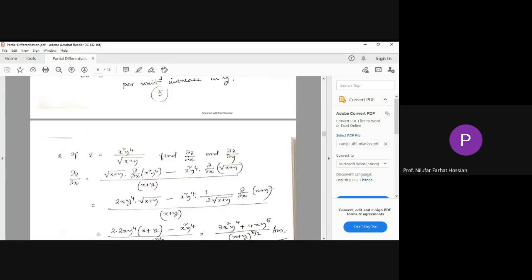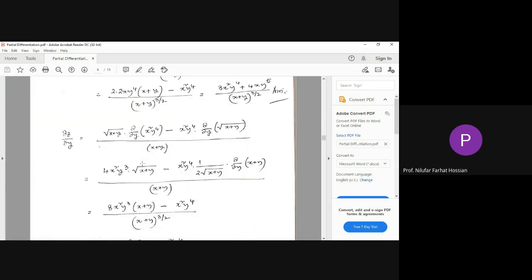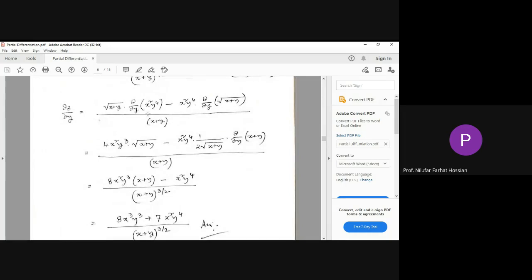So here we have to perform this differentiation with respect to y. So again we have to use the u by v formula. In the denominator it will be root over x plus y whole square. Then in the upper part, the lower part, this was the lower part, root over x plus y, lower part into del y.